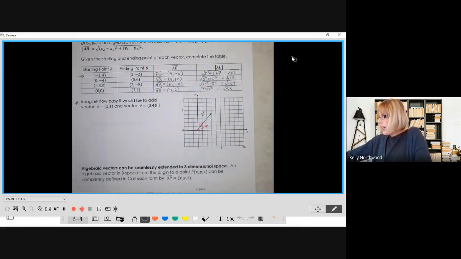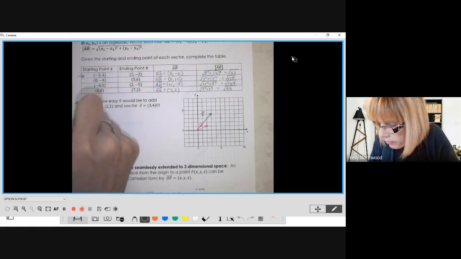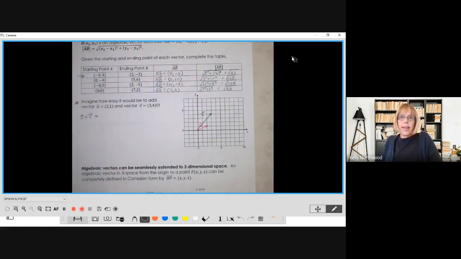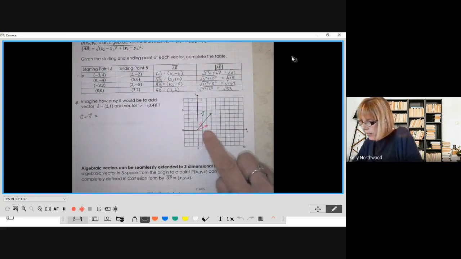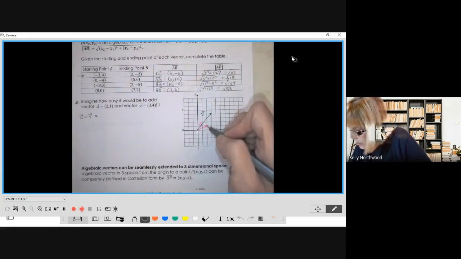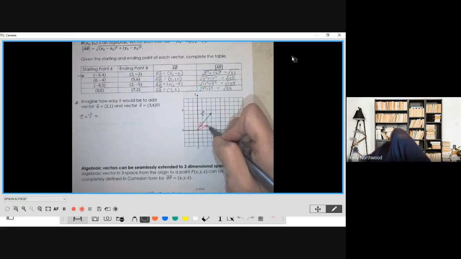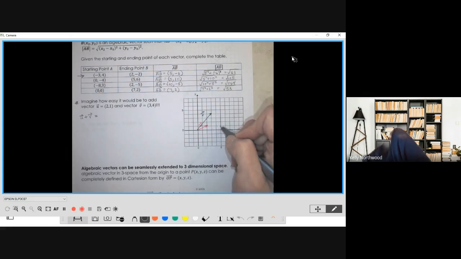So if I want to find vector u plus v, I know I add them tip to tail. So here's my vector u in pink. So to put vector v at the tip of it, because you add vectors tip to tail, I'm going to reproduce vector v, which is over 3, 1, 2, 3, and at 4, 1, 2, 3, 4.